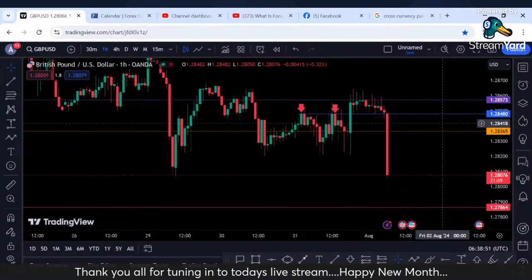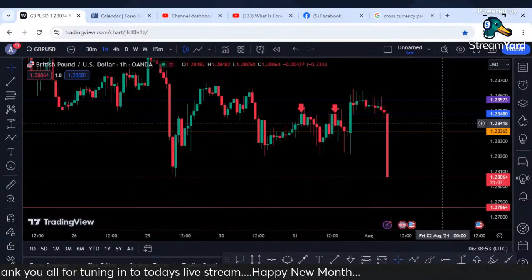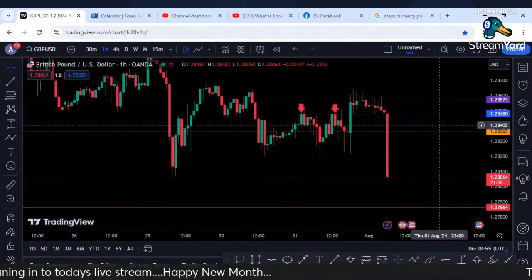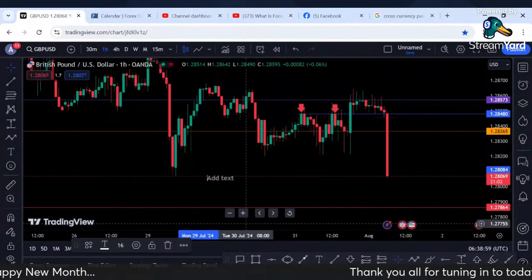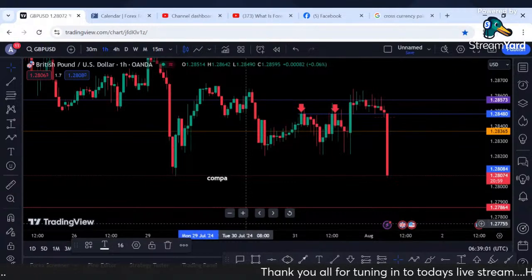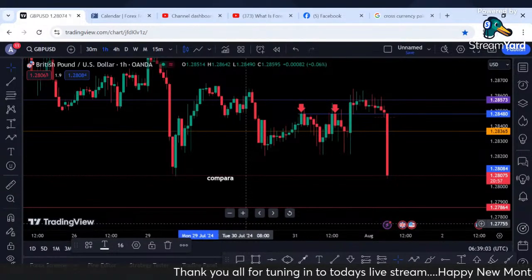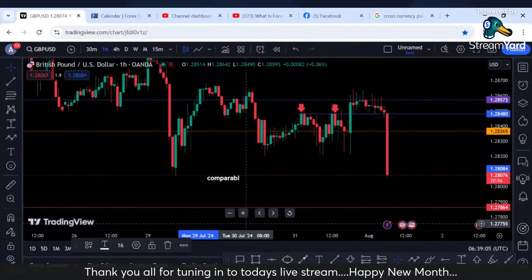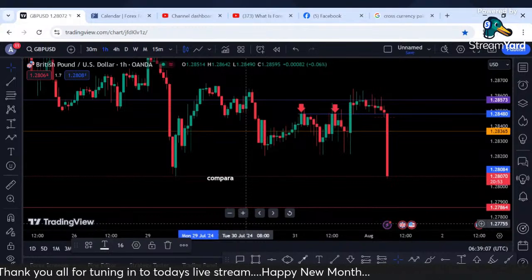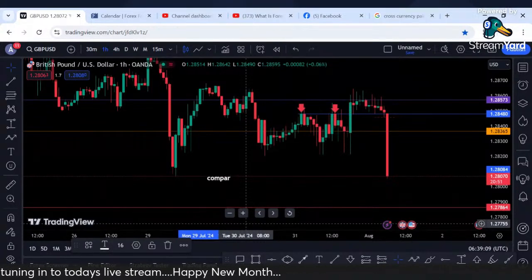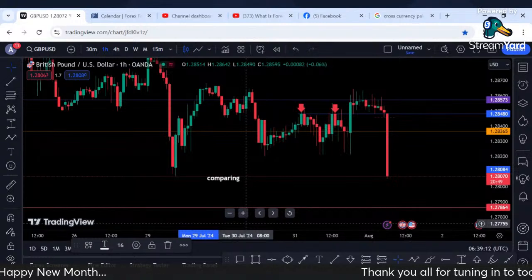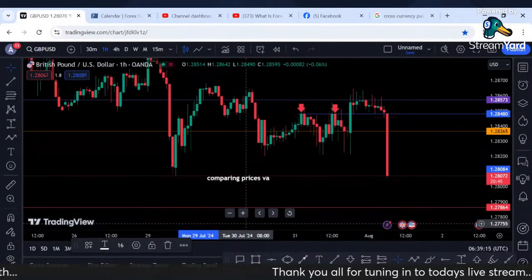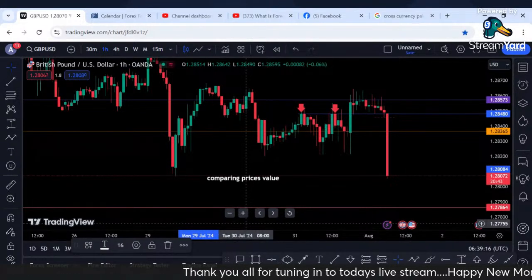Exchange rate is simply comparing the prices of two currencies, the price value of two currencies.